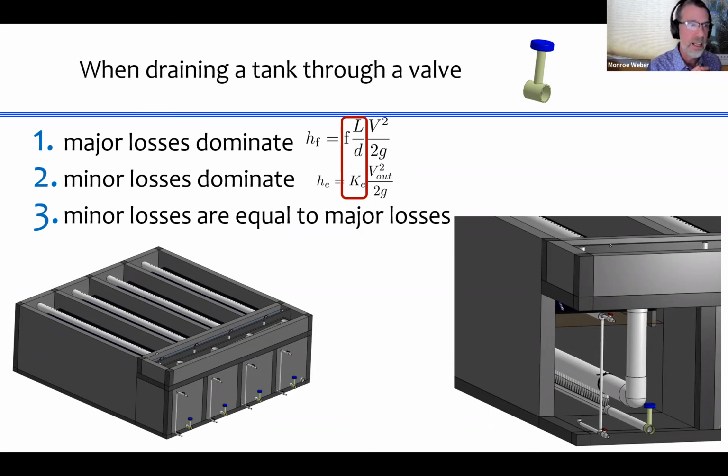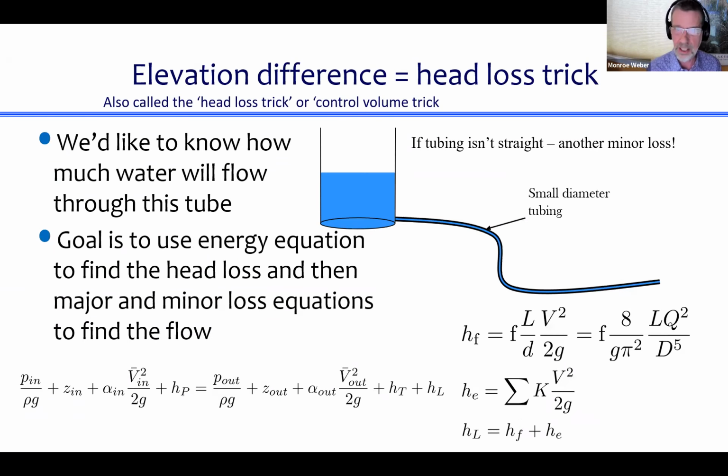But if L over D is less than 50, then chances are minor losses dominate. Of course, you should know what the minor losses really are, but it takes a lot of length of pipe to get you the same thing as just the fact that the pipe is exiting into the atmosphere and you're losing all that energy. So good job on that.